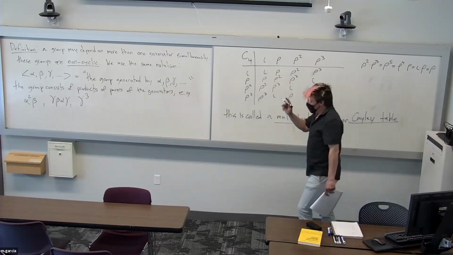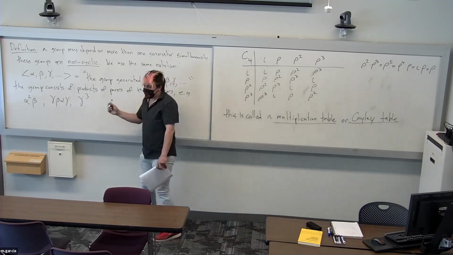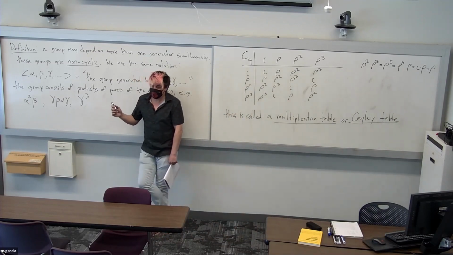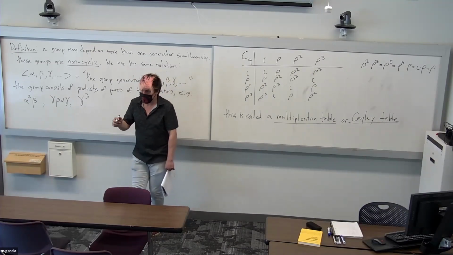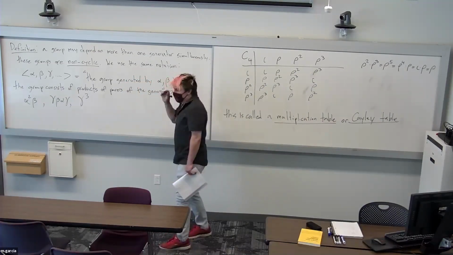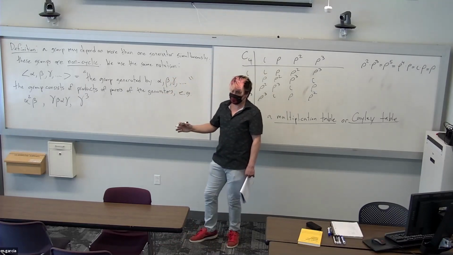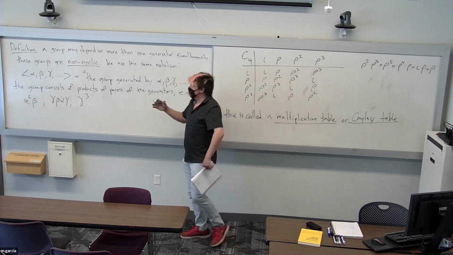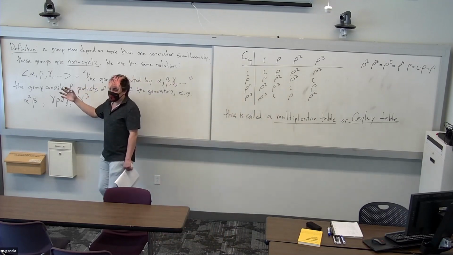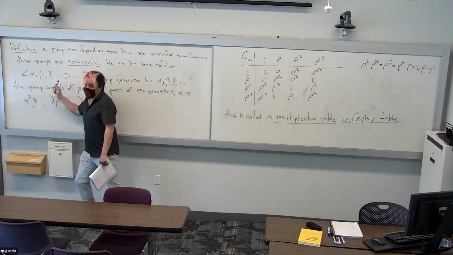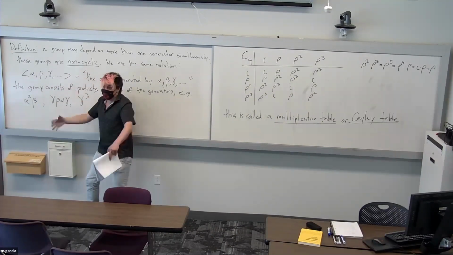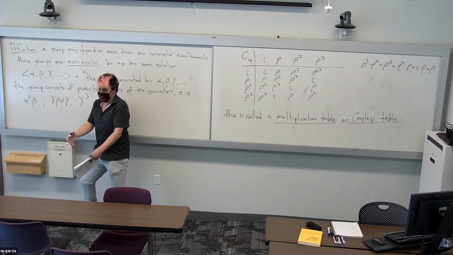So, remember the exercise from yesterday? I asked you to come up with some subsets that were not subgroups. You can always take a subset and generate a subgroup. You just take all the elements of the subset and put them in angle brackets and see what group you get. Okay?